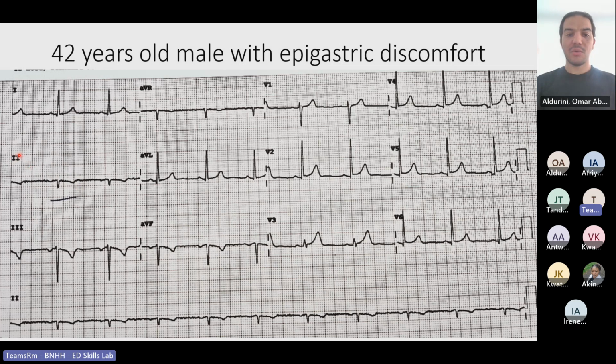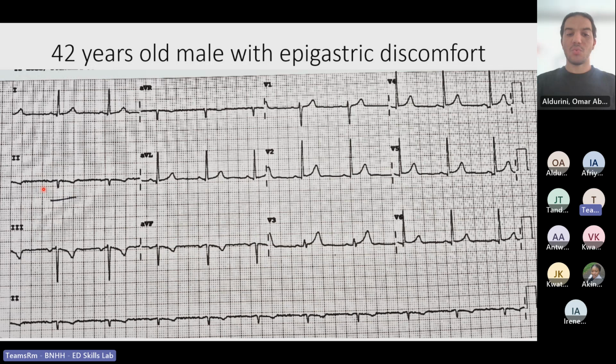Is it just in lead 2 or in other leads as well? If you look at lead 3, yeah. If you look at aVF, yeah, you can find it. So you can find it in these 3 leads.